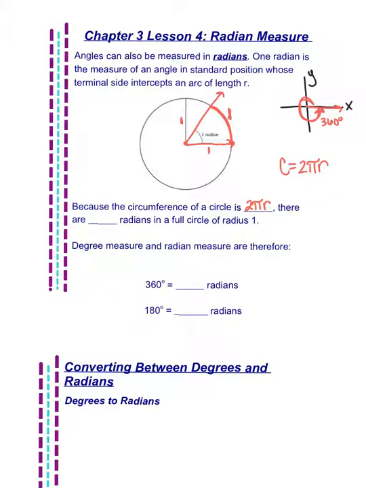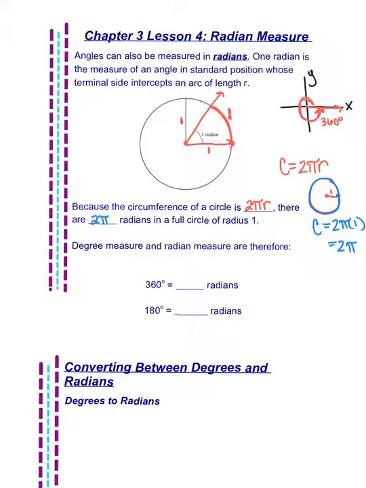Therefore, if I have a circle with a radius of 1, the length of this arc, the circumference, would be equal to 2 times pi times 1, which is 2 pi units. Therefore, there are 2 pi radians in a full circle.